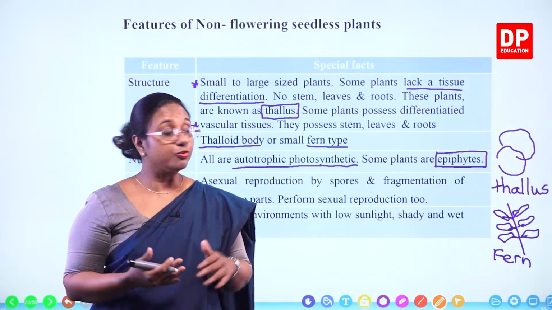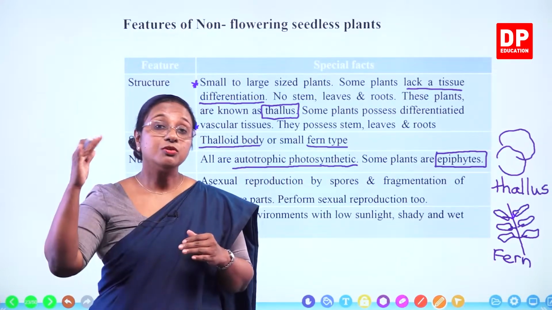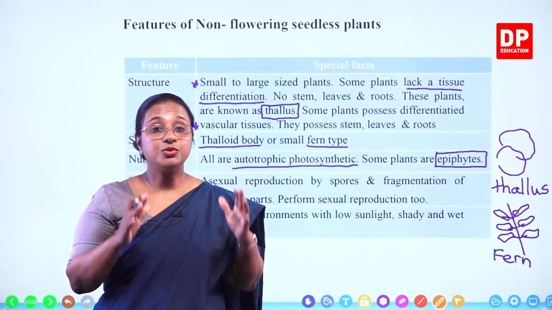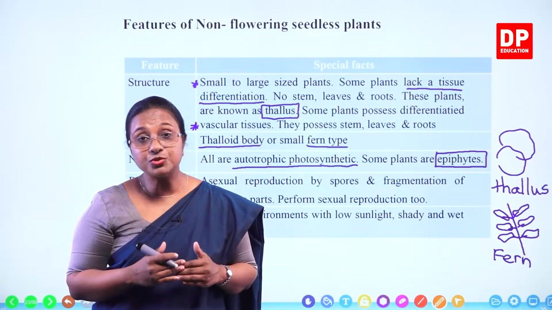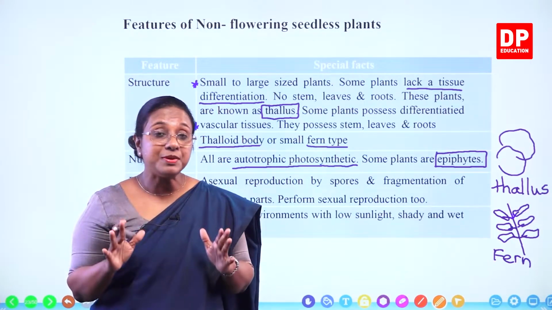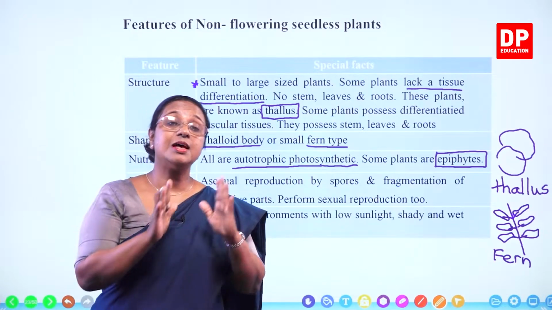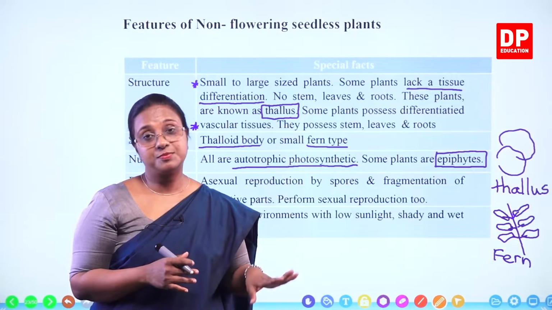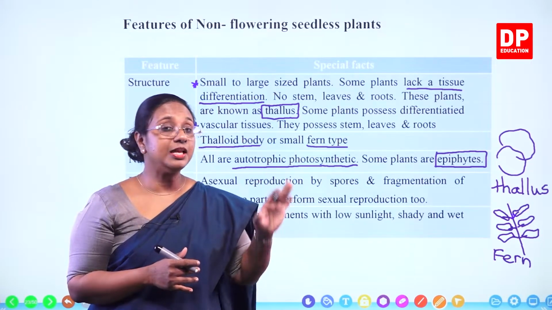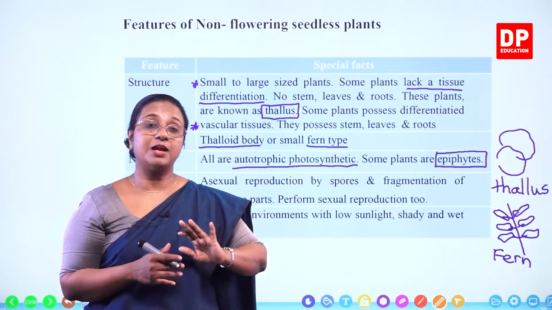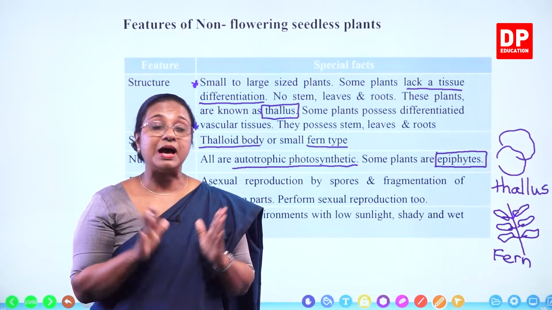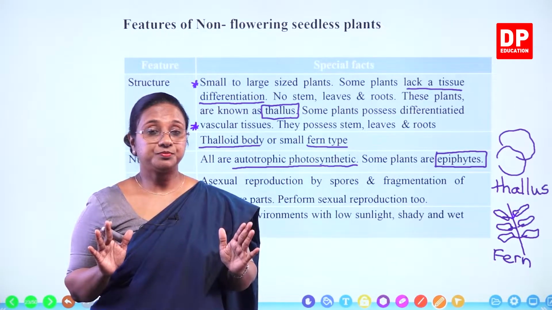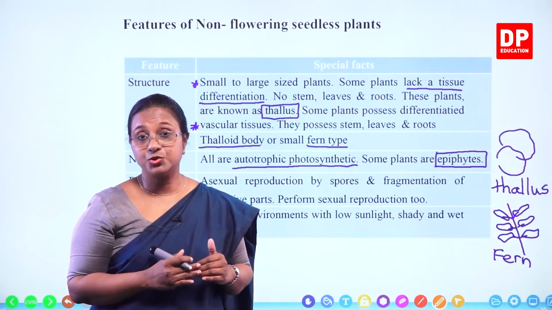So these epiphytes grow on top of a tall tree so that they can be exposed to sunlight. But these epiphytes do not act as parasites. They don't absorb anything from the substrate. If it is another plant, they don't take anything from the plant. The only thing is, they use the plant as a surface to grow on, so that they will be exposed to light.